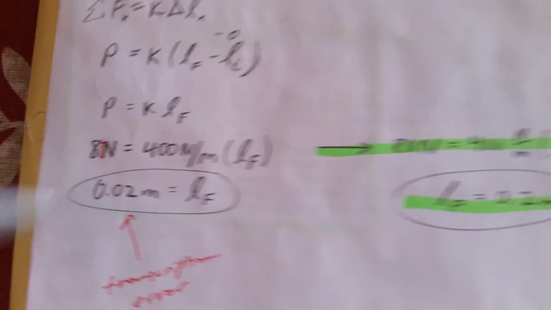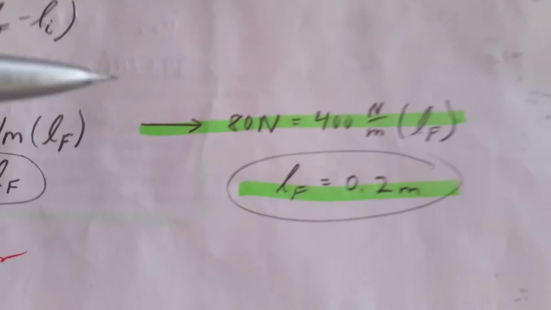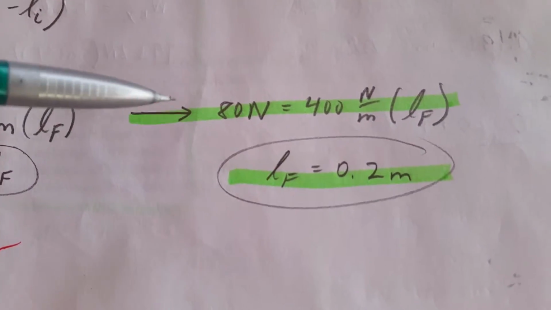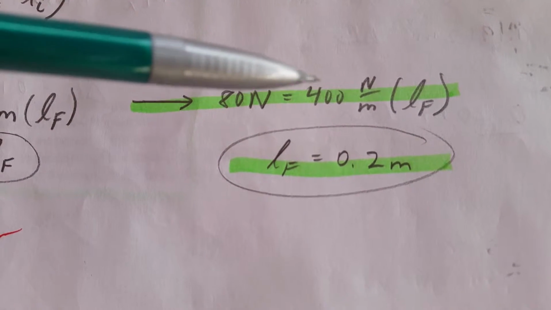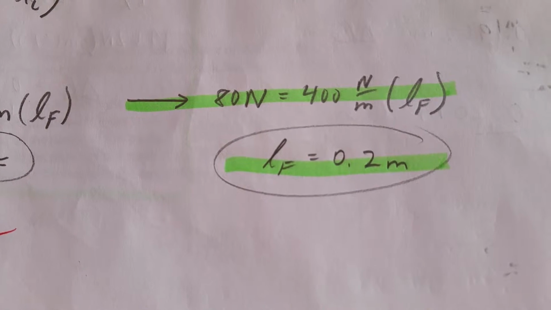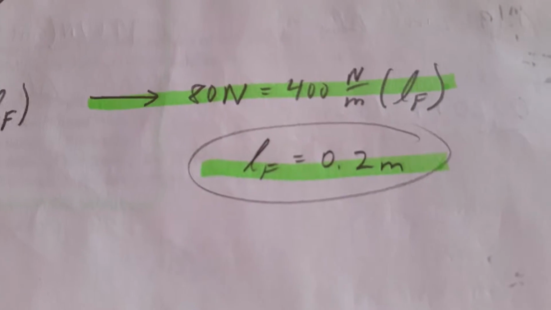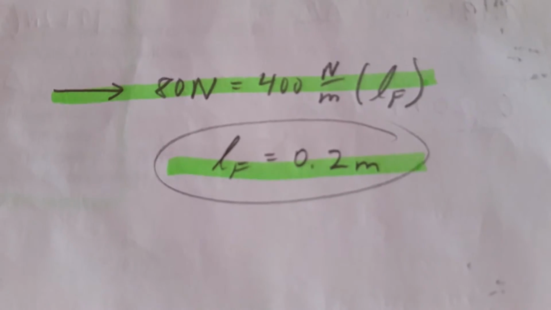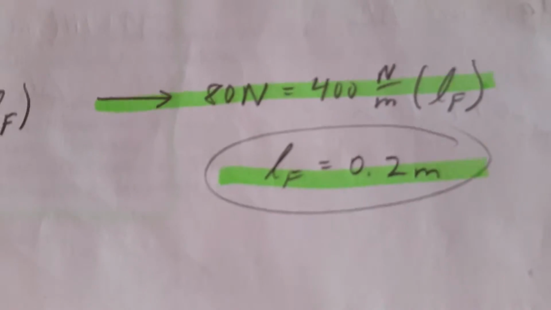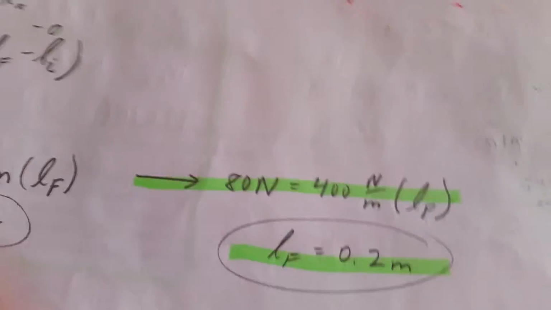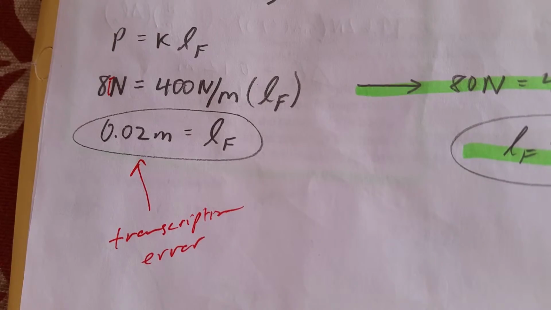I wrote 8 instead, so I just fixed that, and I fixed my work and said 80 newtons equals 400 newtons per meter, and then that multiplies by the change in L final, because the initial gets knocked out. So the final length is equal to 0.2 meters instead of 0.02 meters.